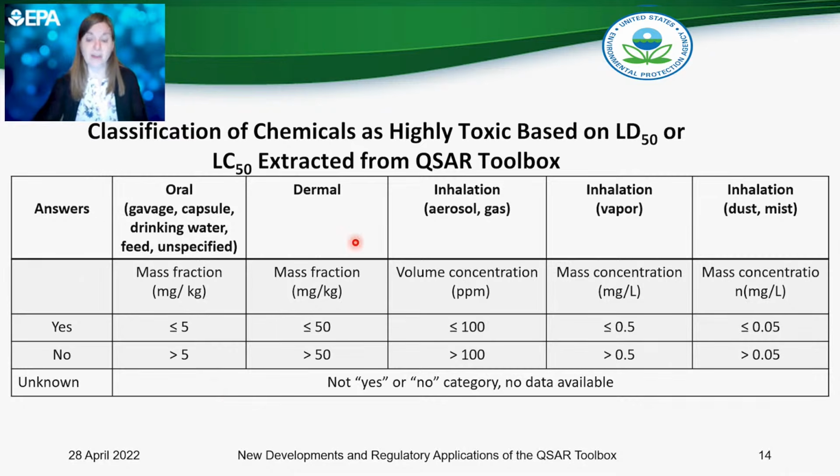As you can see, the cutoffs change based upon the route of exposure. So the cutoffs for dermal for high toxicity versus that for the different routes of inhalation are all different. And again, in all cases, if the compound was not tested, an answer of unknown will be given.